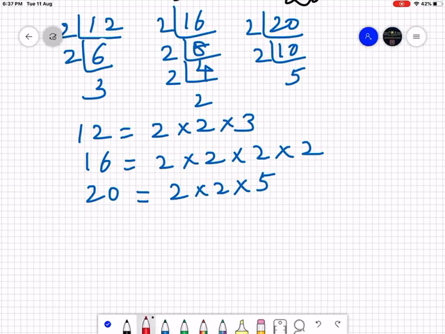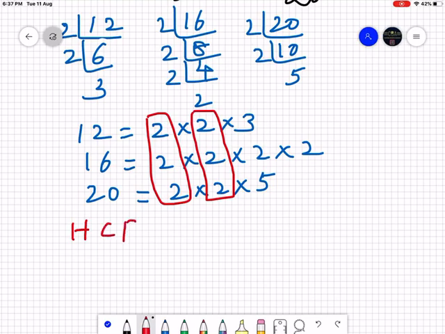You see that there is a 2 which is common in all the 3 numbers, and there is another 2 that is common in all the 3 numbers. But after that there are no more common factors. So the HCF would turn out to be 2 into 2, which is equal to 4.